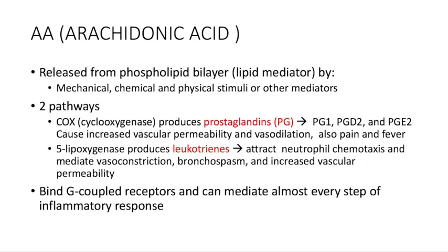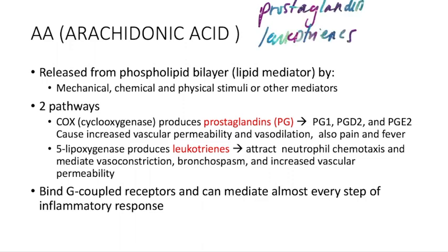We have arachidonic acid. This is where we get prostaglandins from. So prostaglandins and leukotrienes are from arachidonic acid. Let's understand where they come from before we start talking about them. We have two different pathways.